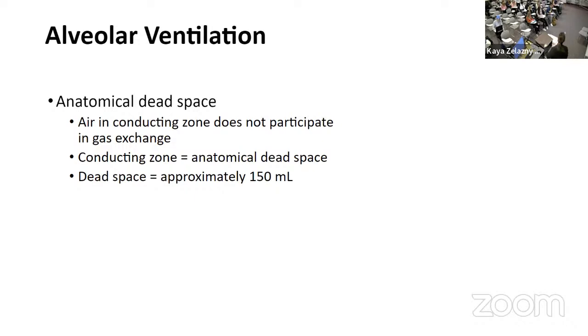Okay, so that air in the conducting zone doesn't cross cell walls, doesn't get into your blood. It's not participating in the gas exchange, but some of it is still in your body, okay? So we think of that conducting zone as anatomical dead space. We have approximately 150 milliliters of air in that dead space.